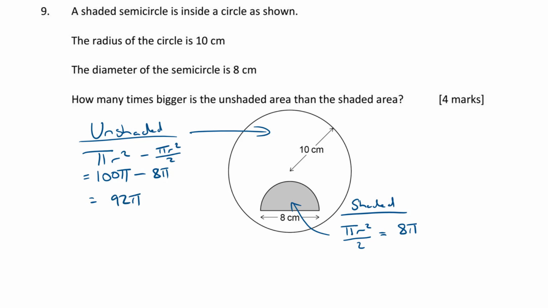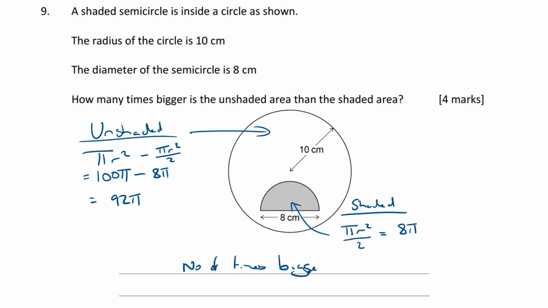Okay? So the unshaded area is going to be 92 pi and the shaded area is going to be 8 pi. How many times bigger? Number of times bigger is going to be the bigger one, 92 pi, divided by the smaller one, 8 pi. Now I left it in terms of pi because I can then just cancel those out.